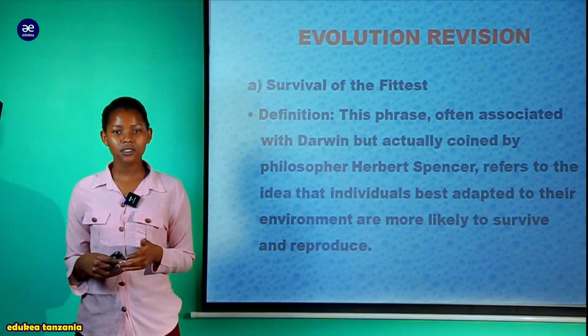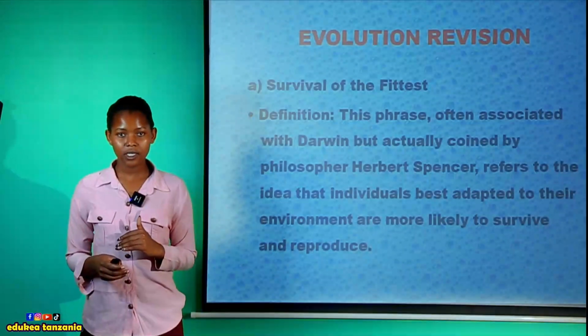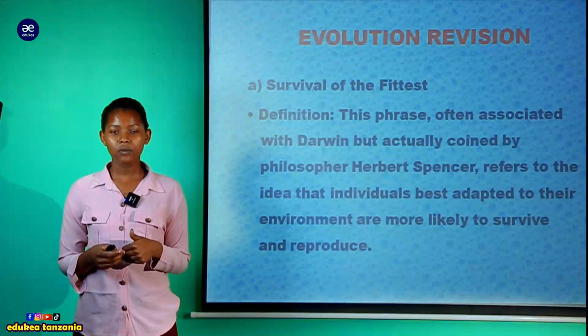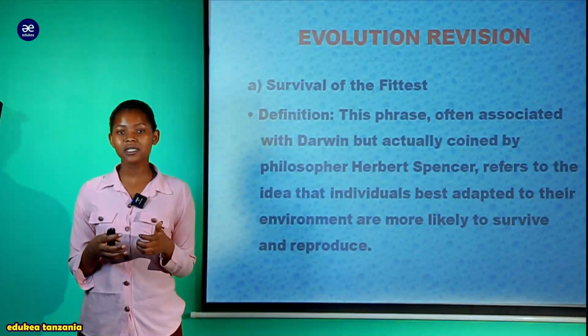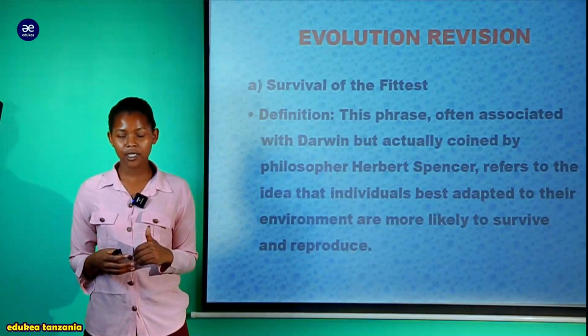Again, there is natural selection, where the same applies. Tukizungumzia natural selection, we say that nature is our environment, and nature always has the characteristic of selecting the fit one. That is natural selection.